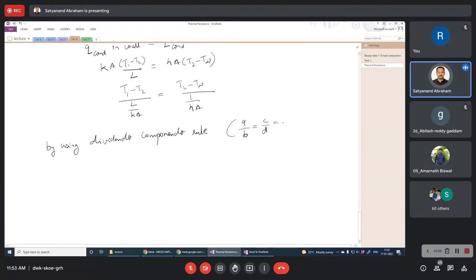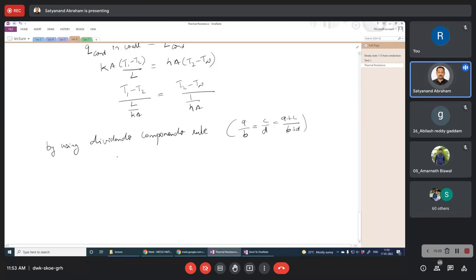There are many ways in which we can write it. We can also write (a plus c) divided by (b plus d). This is one identity from dividendo componendo, and this is the simplified idea. Whatever you said is the general one.